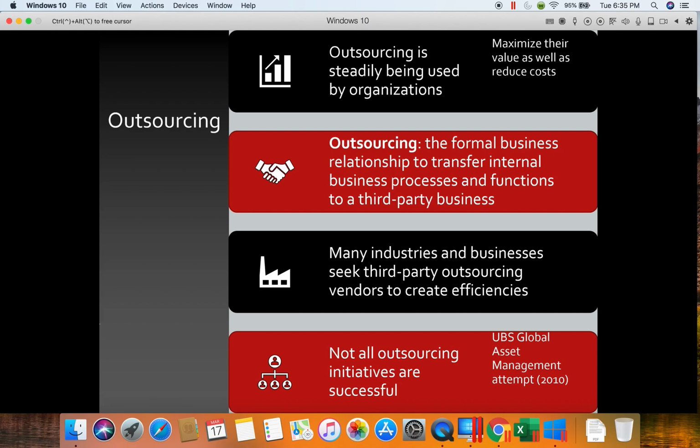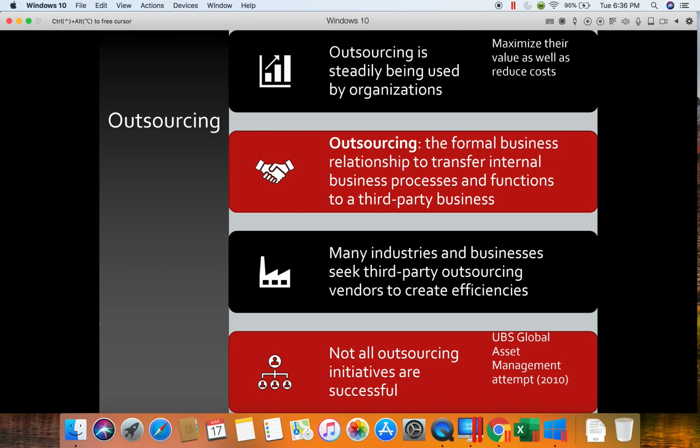Outsourcing is a growing industry in the information technology world. It is steadily used by many organizations and can help them maximize their value as well as reduce their costs. When we outsource, we are forming a formal business relationship to transfer internal business processes and functions to a third party.